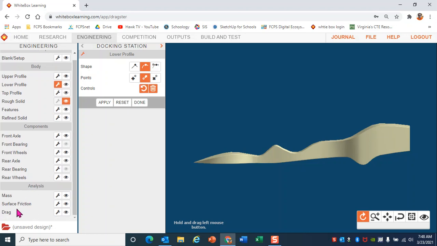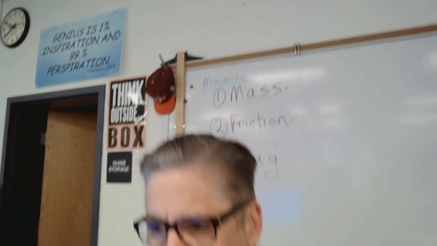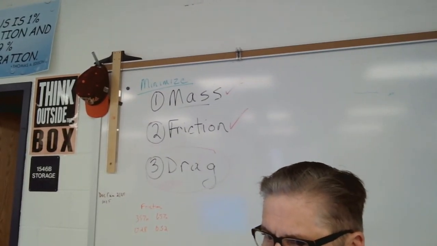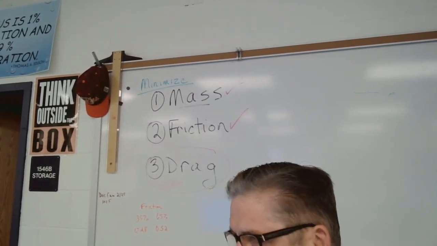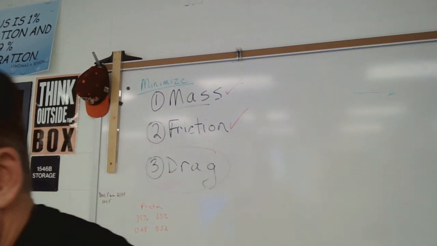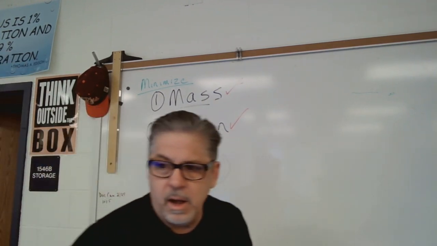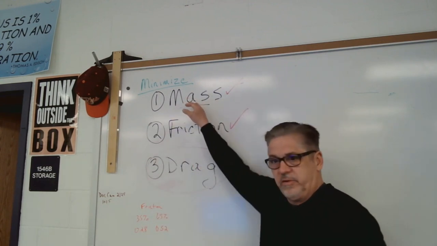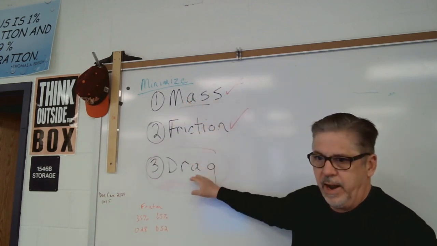So look down here. We have some built-in analysis tools for mass, friction, and drag. Remember the big three I kept talking about when we were working on the dragster? The big three things that we need to minimize and control, I should say, in designing our dragster were mass, friction, and drag.